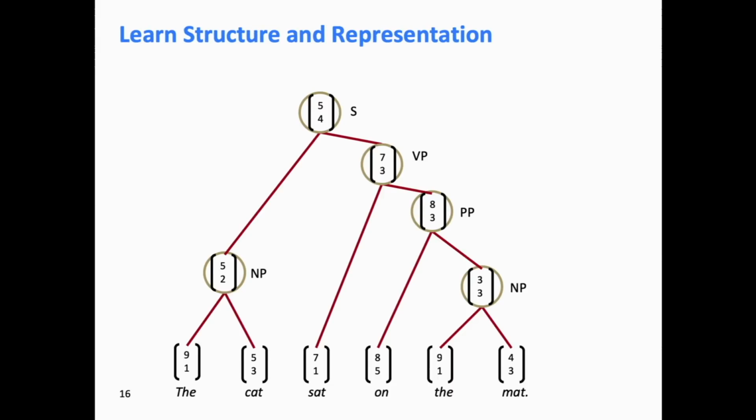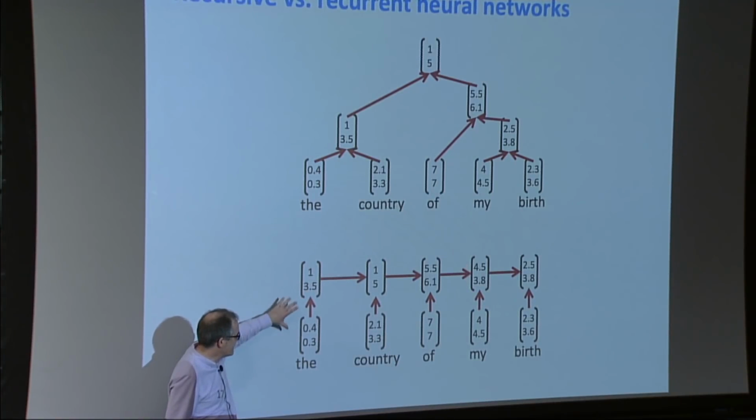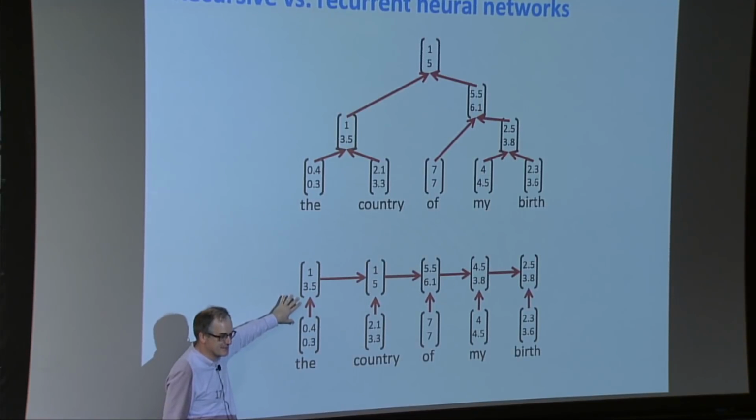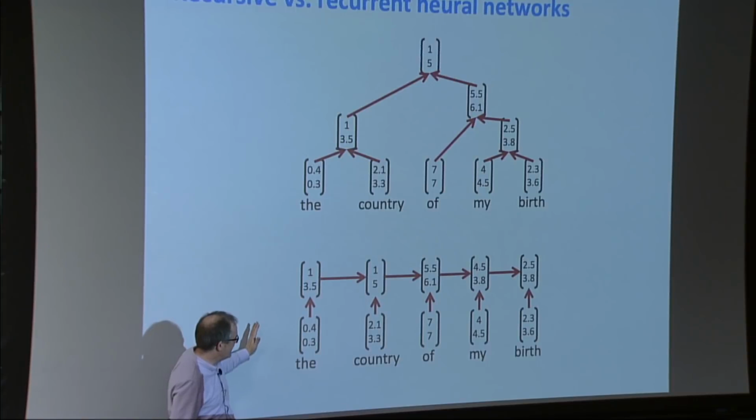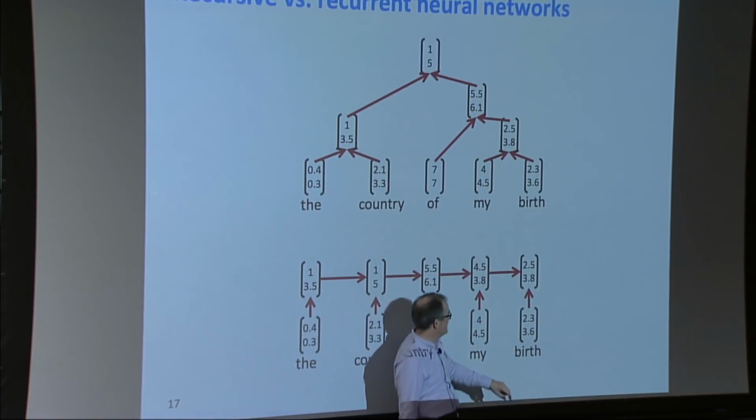But before I do that, just stepping back for a moment as to what's different here. We had our recurrent neural network, which in some sense has been our workhorse tool in this class up to now, and it gives you a representation of the meaning of the country of my birth, sort of.